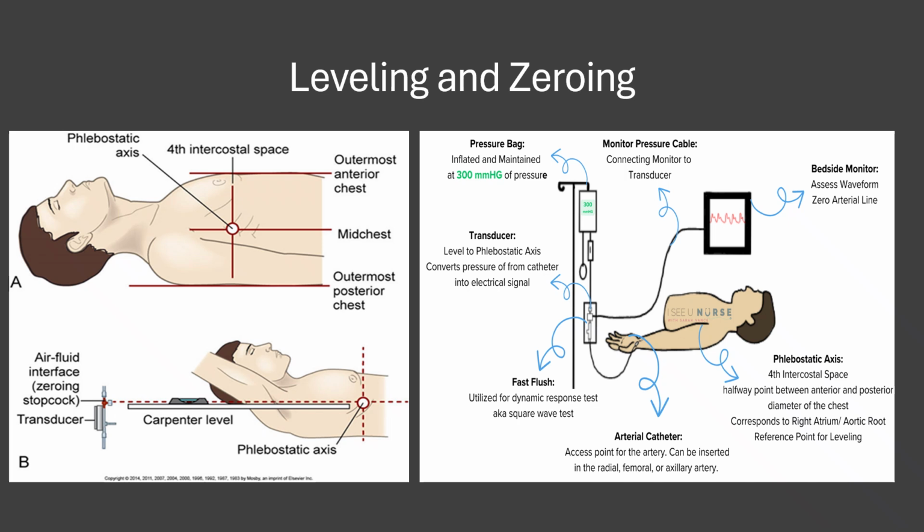And you're also going to see that that tubing is going to be connected to a transducer, which is going to convert the patient's arterial blood pressure into an electrical signal. And we're going to connect it to our monitor via a cable to allow us to see a waveform and assess the arterial pressure number.